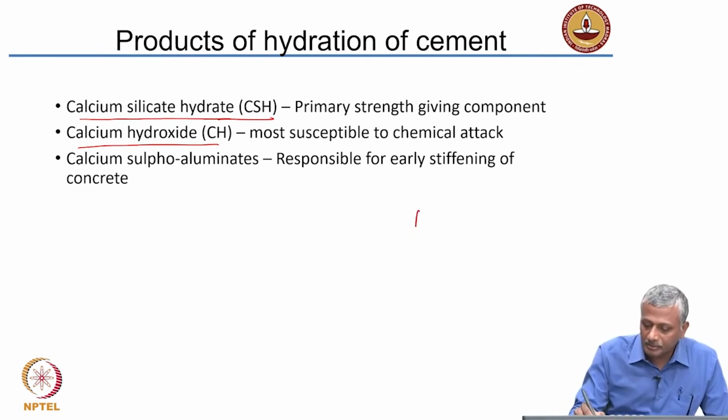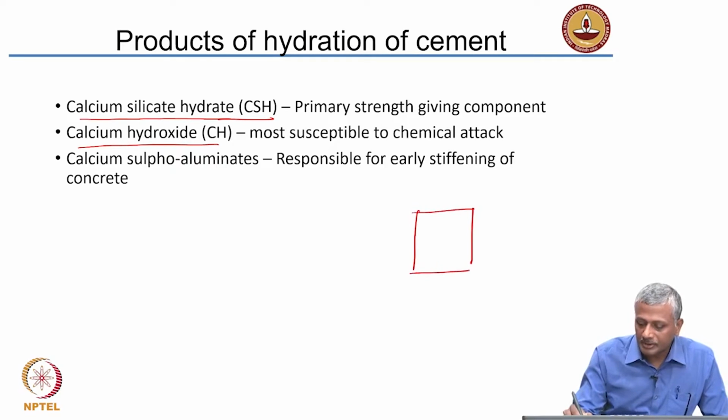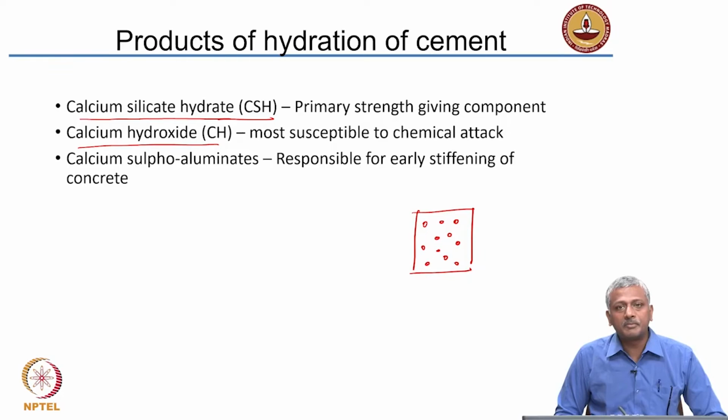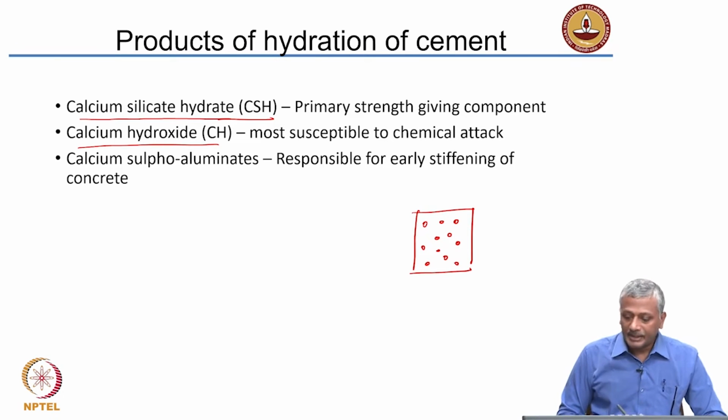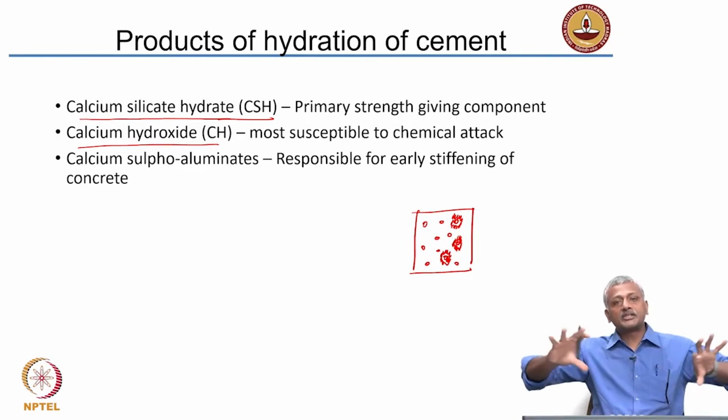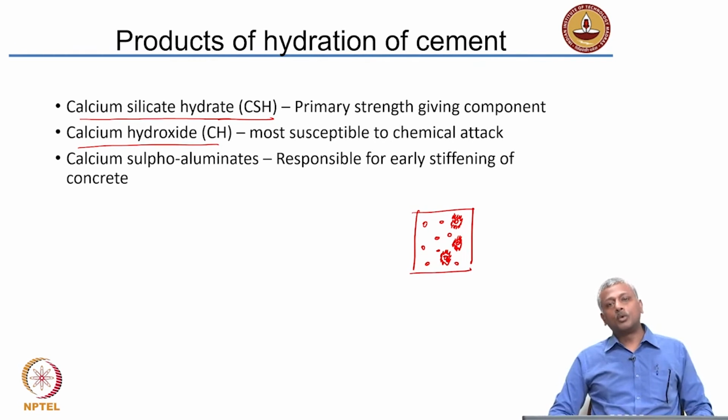So, if I show you a picture of cement particles in water at time t equal to 0, the cement particles have come in contact with water, and slowly what is going to happen? The reaction products are going to start forming on the surface of the cement particles, and then occupy the space which was previously occupied by water.